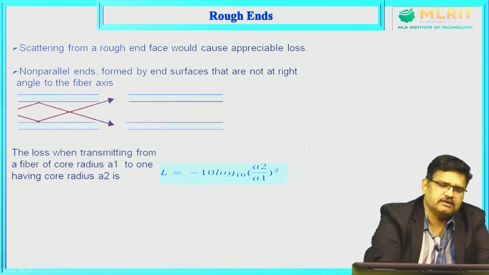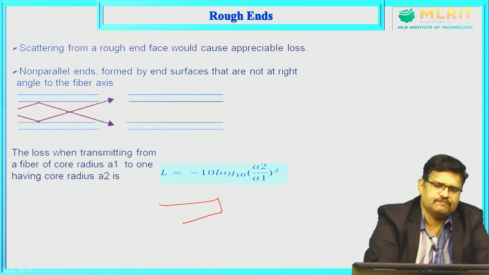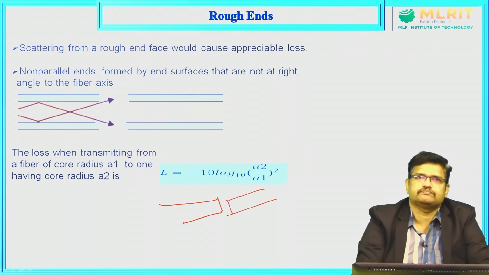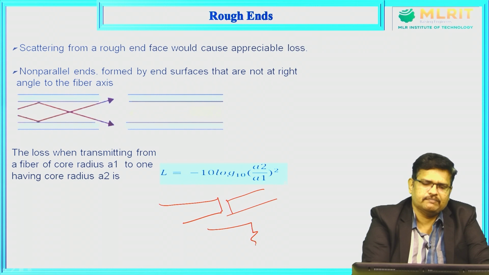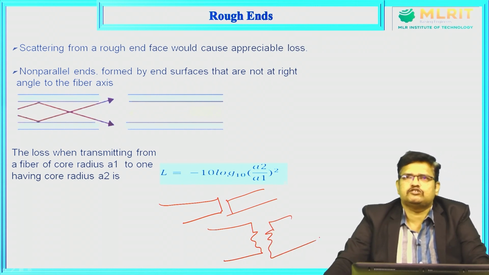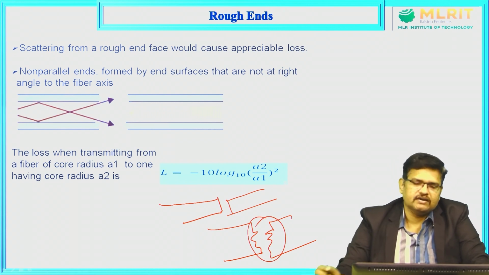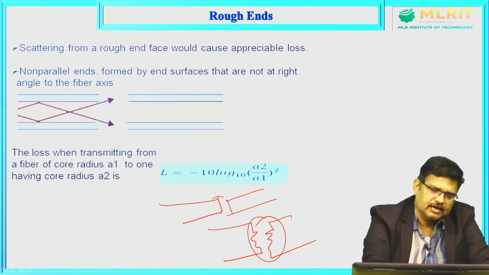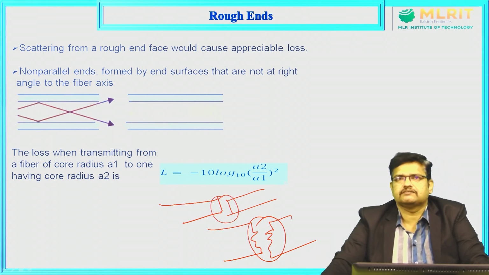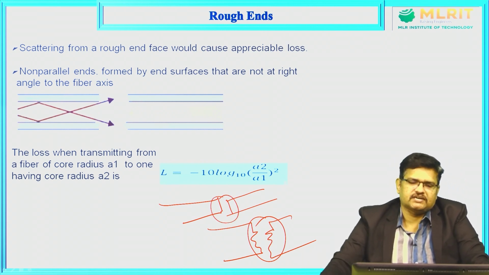If the fiber end is smooth, no problem, it will join. Suppose a fiber end is like this, we are unable to join the two fibers. This is nothing but the rough end. We need to make a smooth end and then you can join, but in some cases, due to the rough end of the fiber, we are unable to join the fiber properly.